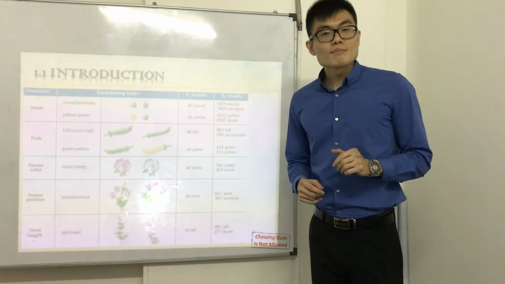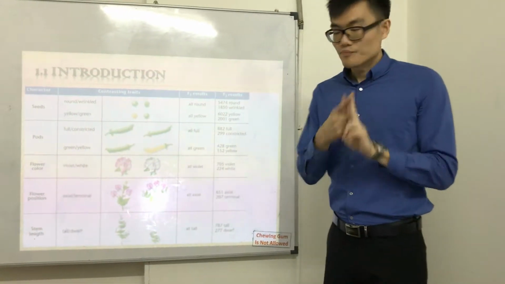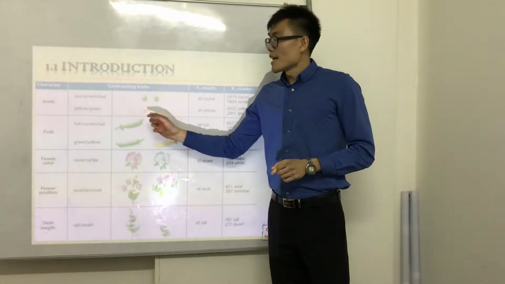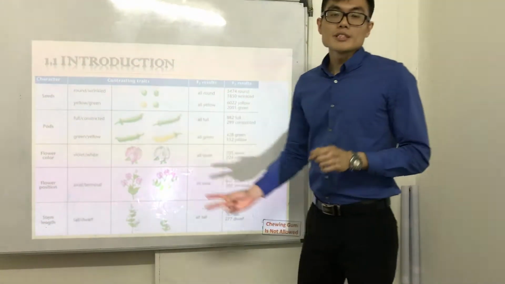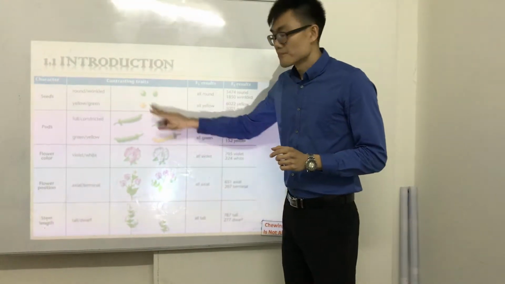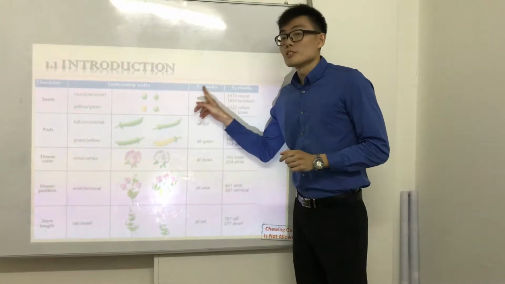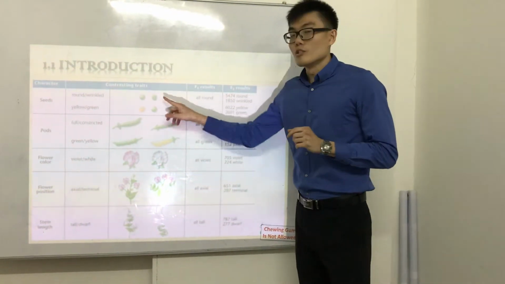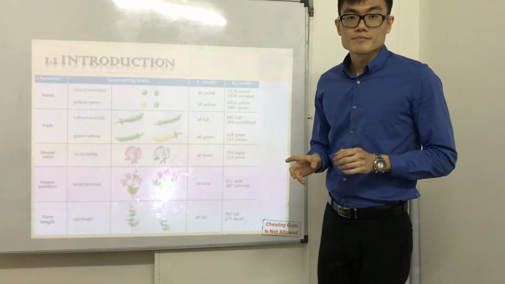Well, Mr. Mendel made 2 conclusions. The first is that when you crossbreed 2 individuals with different traits, you will produce offspring with only one trait; one of the traits will disappear.